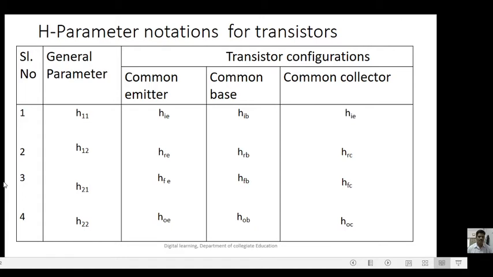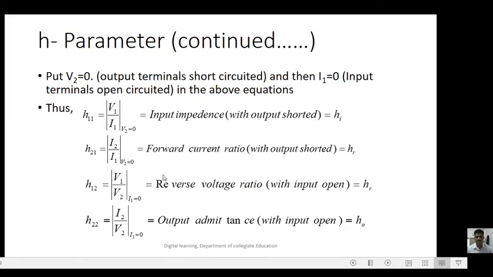In serial number 3, H21 is HFE. Here F means forward current ratio, R means reverse voltage gain ratio, I means input impedance, and O is the output admittance.